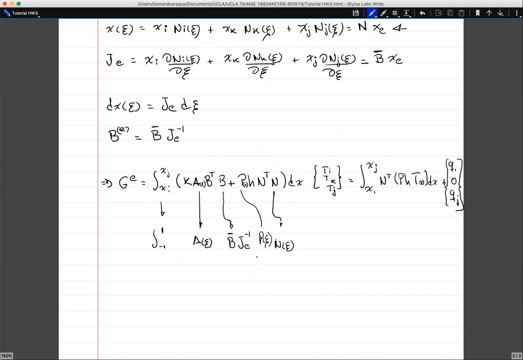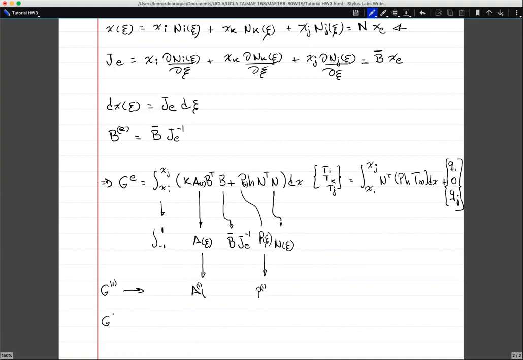So it means that the perimeter and the area, when we define G1 for the first element, will be different from G2, right? So G1, for element 1, will contain information for element 1, same as the perimeter.